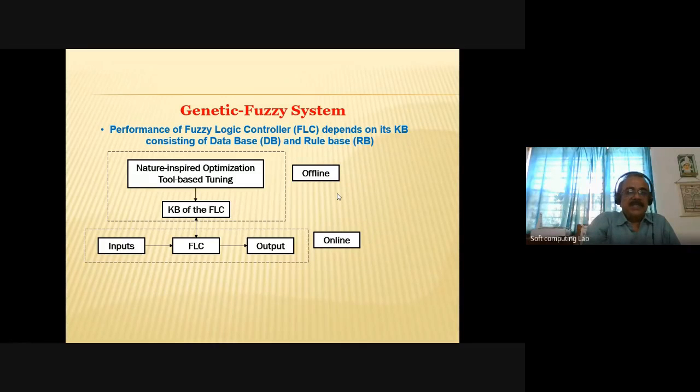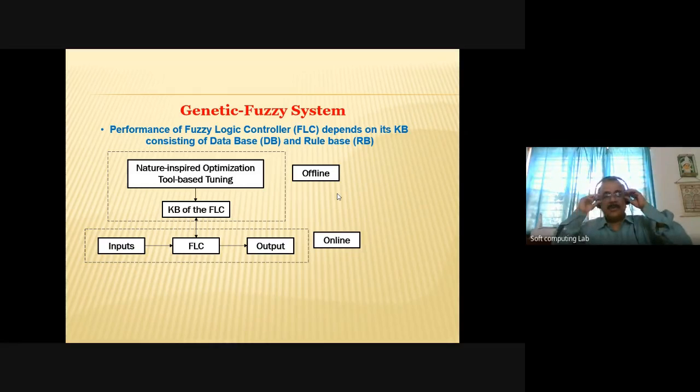Now, the genetic fuzzy system, as I told, the purpose of the genetic fuzzy system is to design and develop the optimal knowledge base, that is nothing but the database and rule base of the fuzzy reasoning tool, and we use one genetic algorithm to determine what could be the optimal membership function distribution of the input and output variables, that is nothing but the database and the associated rule base, so that the fuzzy logic controller can model the input-output relationship as accurately as possible.